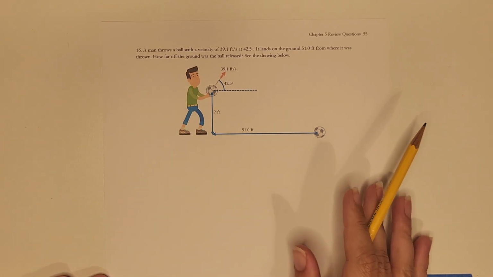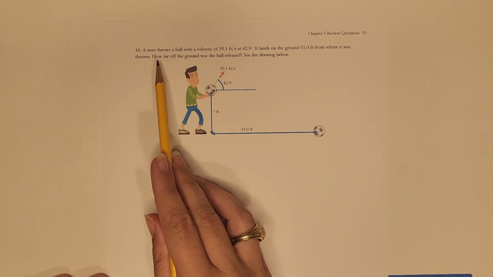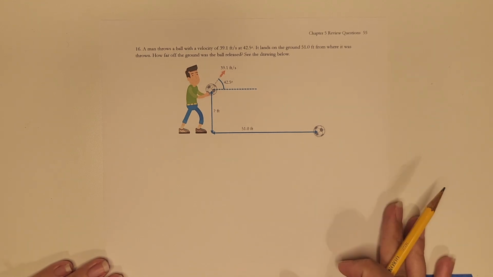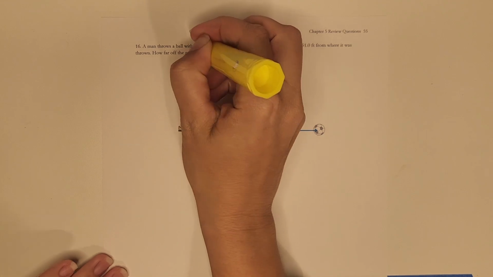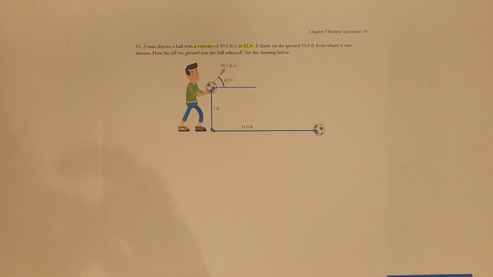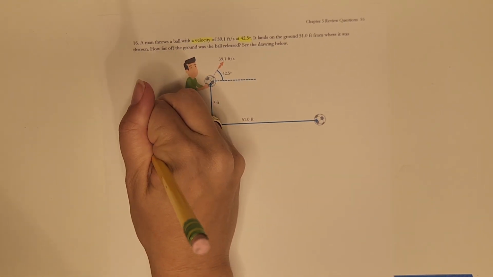Again, we're not going to use any vector quantities, because how far off the ground is just going to be this high off the ground. It's not going to be below the ground, right? But we do have velocity with that angle to start with. So let's write out what variables we're given.